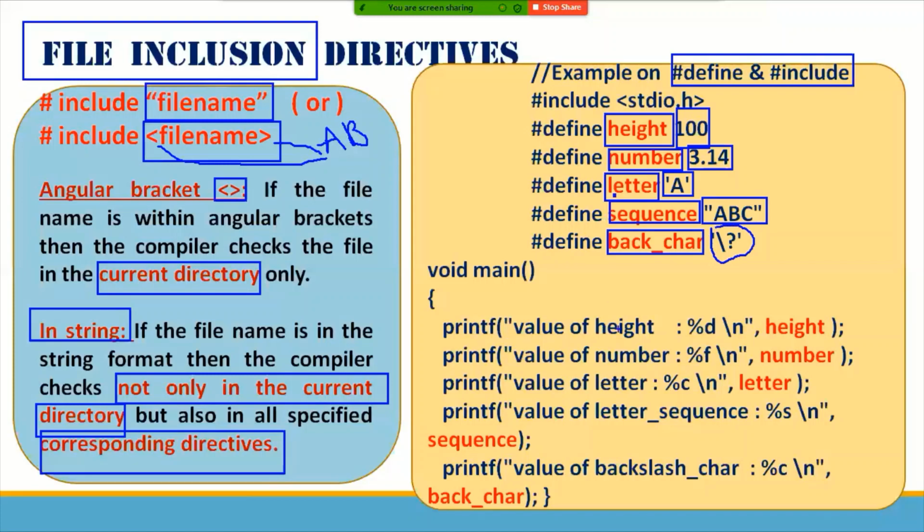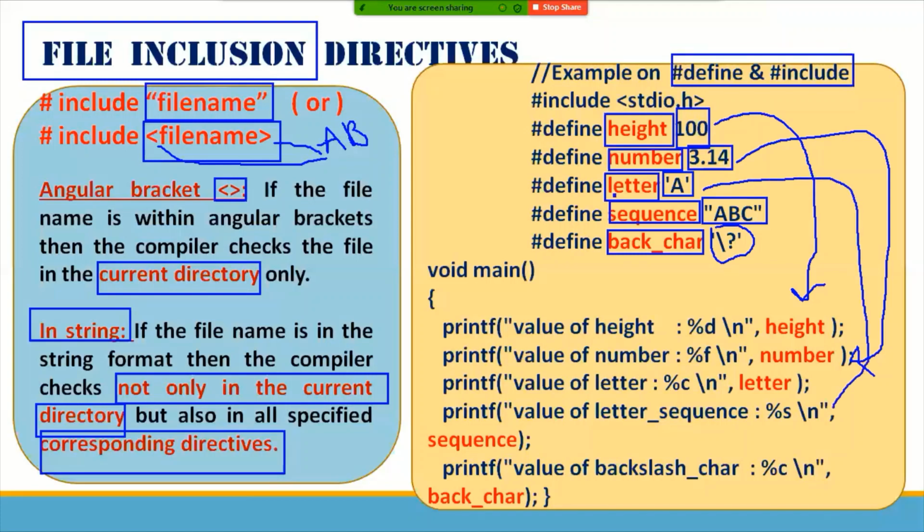Then a printf: value of height is height. In this case, the height value 100 will be substituted in this place. The value of number is 3.14, which will be substituted over here. The letter A will be substituted in this place, and the sequence will be substituted in this place, that is ABC.